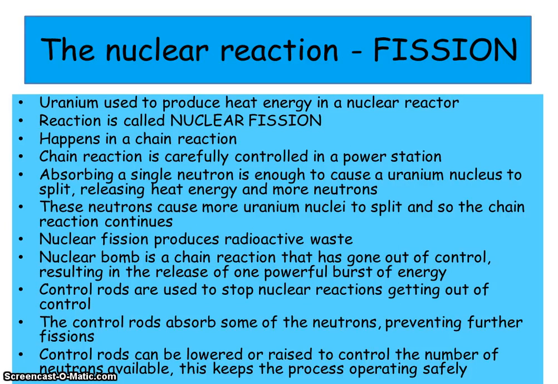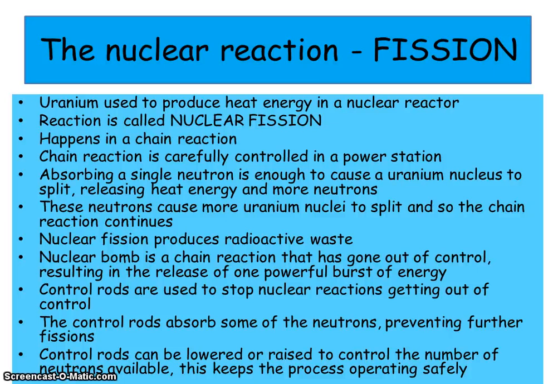Okay, now this is, like I say, we take uranium, which is used to produce heat energy in a nuclear reactor, and it's something called a chain reaction. So what happens is we take some uranium and we put it into the reactor.